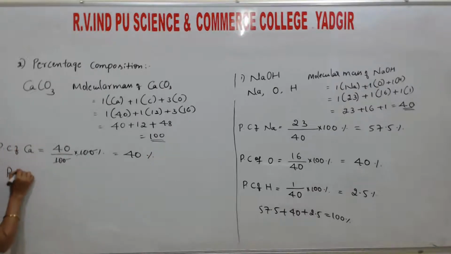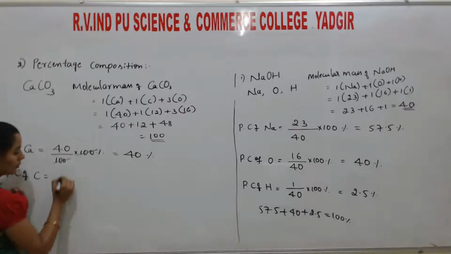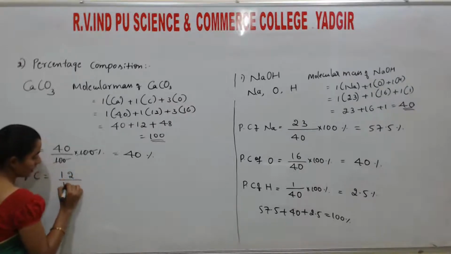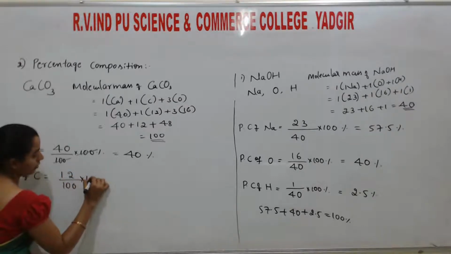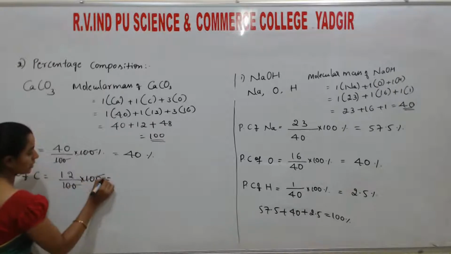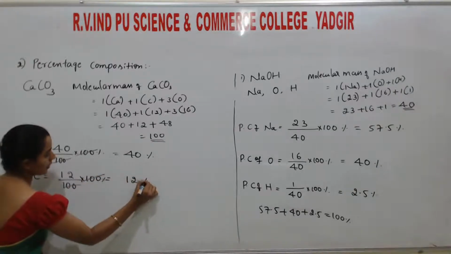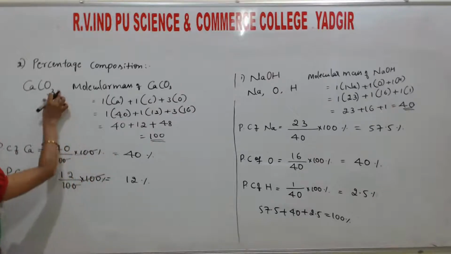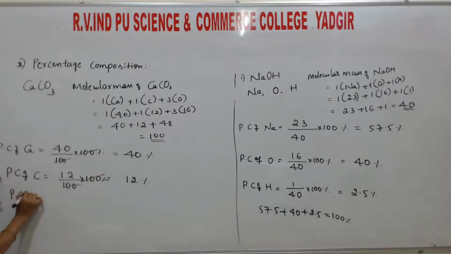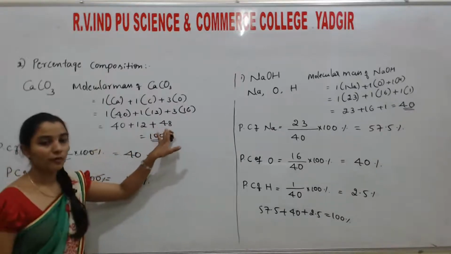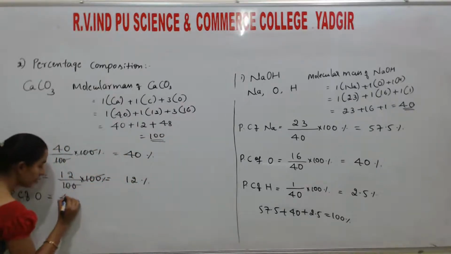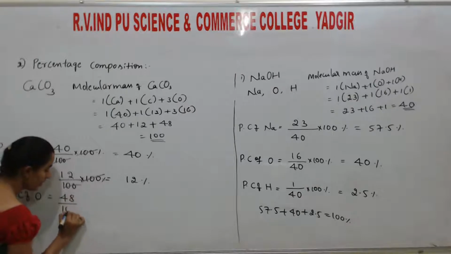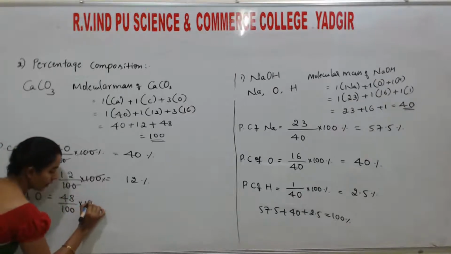Similarly, percentage composition of carbon. Carbon is 12 divided by 100 into 100. So these two get cancelled, that is 12%. Similarly, percentage composition of oxygen. Oxygen is how many grams? 48 grams. That is 48 divided by 100 into 100.